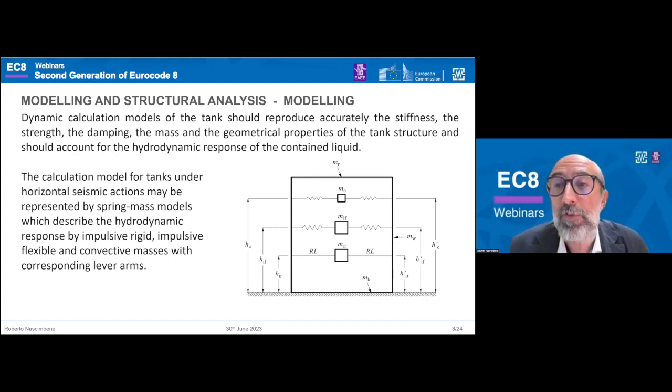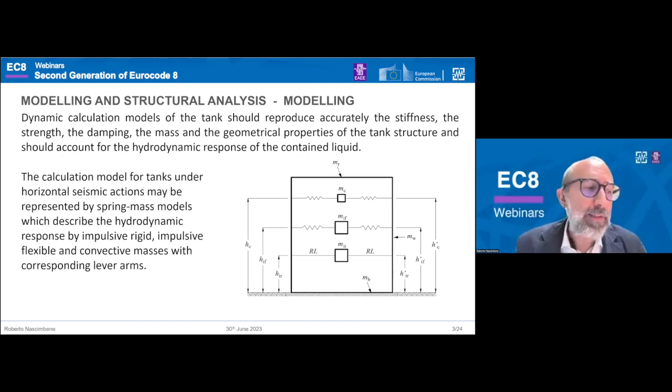Impulsive, rigid component. Fluid structure vibration of the tank and the liquid. In case of a flexible wall tank, it is called impulsive flexible component. Soil structure interaction, that is going to be shown and covered by Annex B, as Christoph was saying before. Sliding and uplift of an anchored tank. This is the part related to modeling.